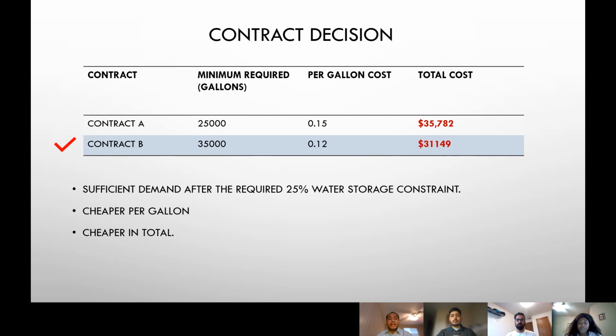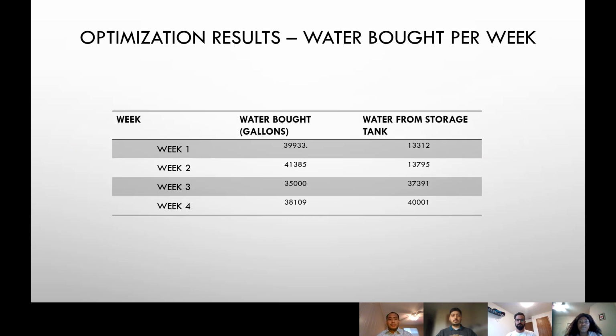So when we decide which contract to pick, we pick contract B because it has the lowest cost at $31,149. It has the cheaper per gallon cost and also is the cheapest in total. In the case of the optimization results, the water bought in week 1 is almost 40,000 gallons.